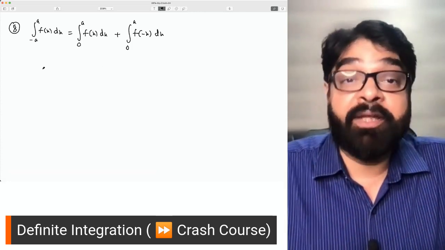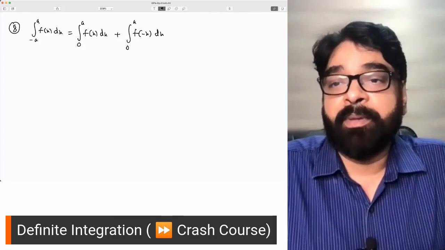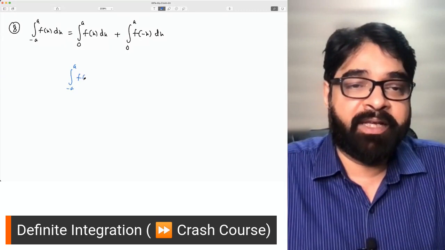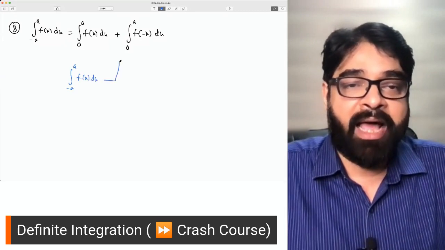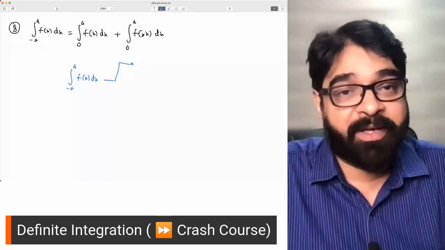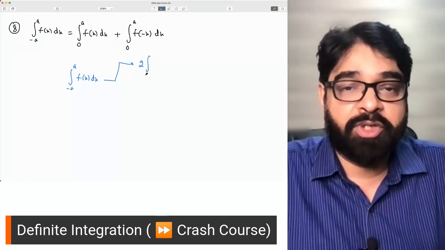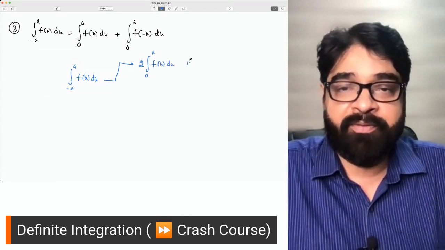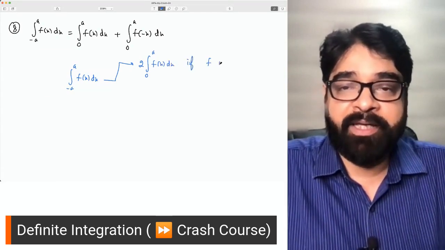The special case from this property is the extension property. Integral from minus a to a of f(x) dx, suppose f(x) is an even function. So f(minus x) will become f(x). So this will become 2 into integral from 0 to a of f(x) dx, if f is even.